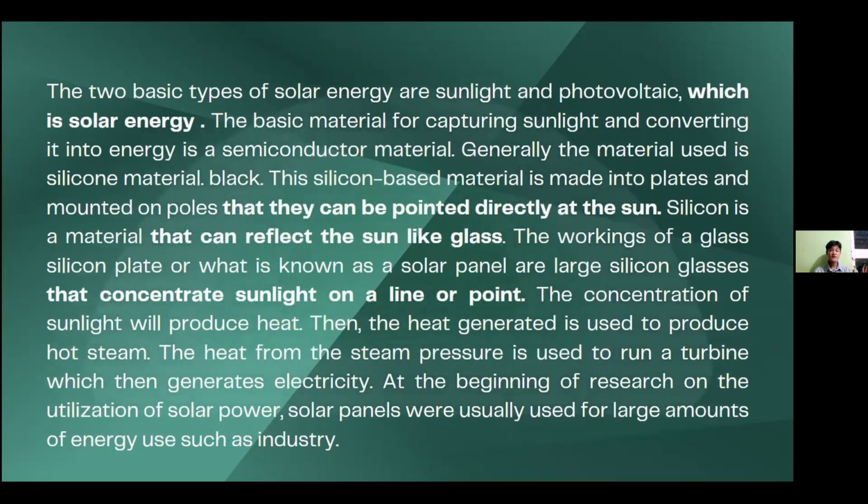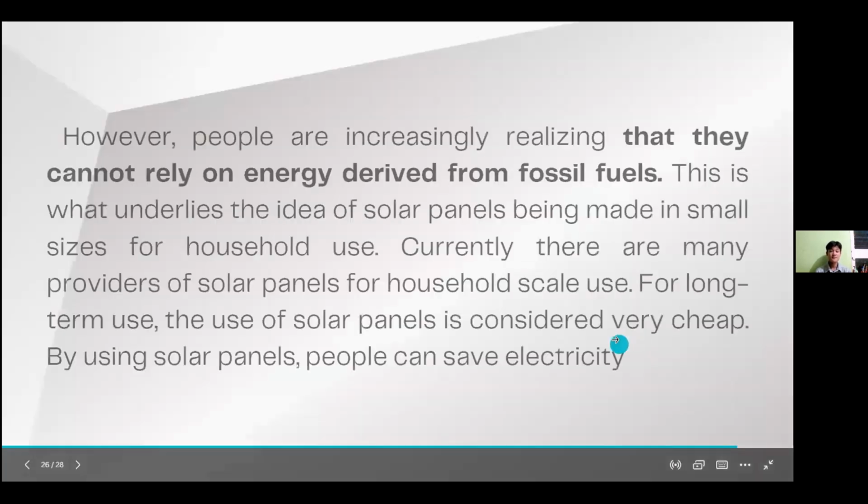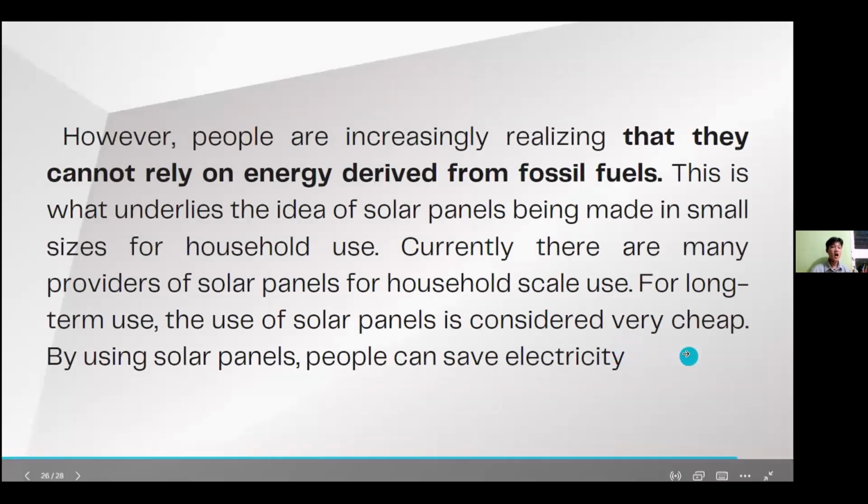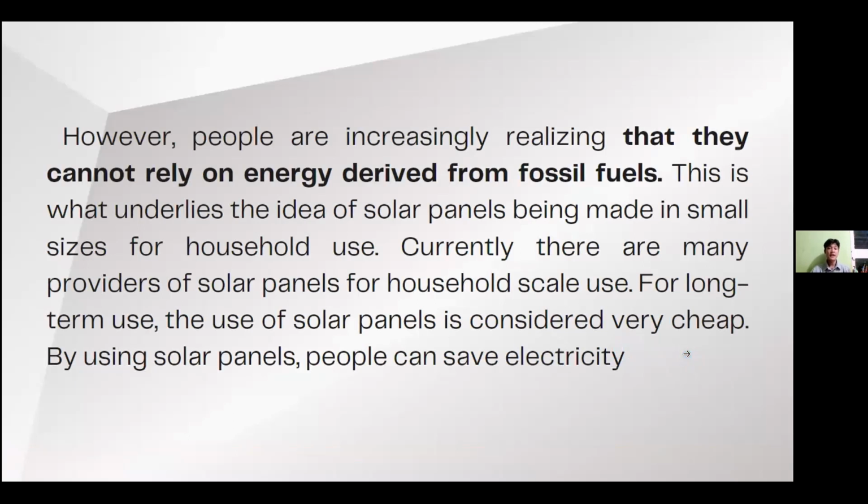At the beginning of the research on the utilization of solar power, solar panels were usually used for large amounts of energy use such as industrial. Next. However, people are increasingly realizing that they cannot rely on energy derived from fossil fuels.